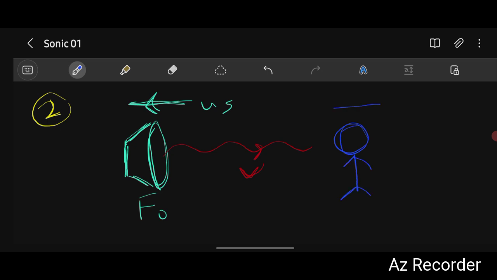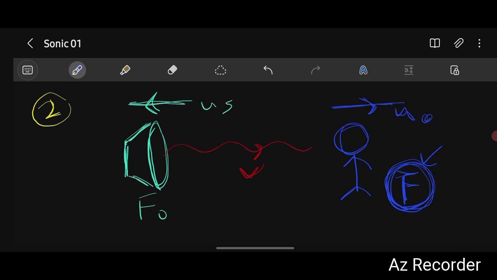He also moves away from the source. The apparent frequency heard by the observer is f, and we're going to find this f.